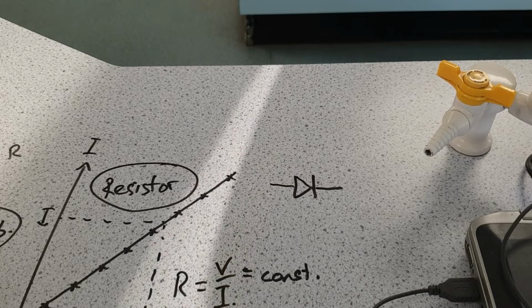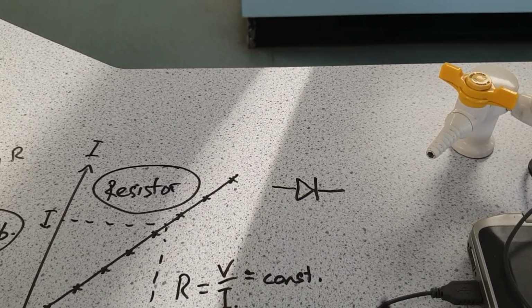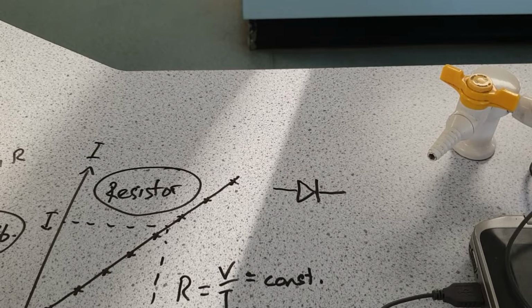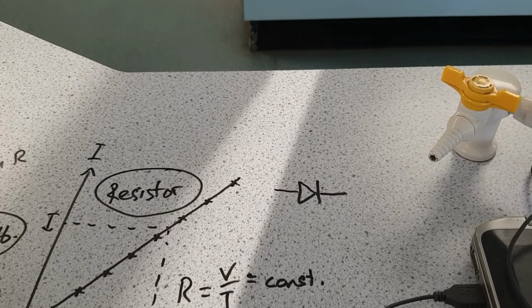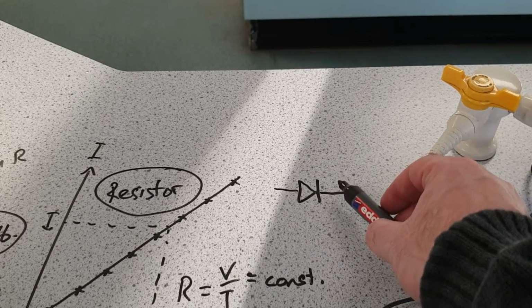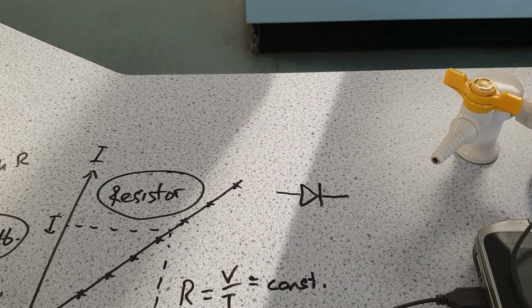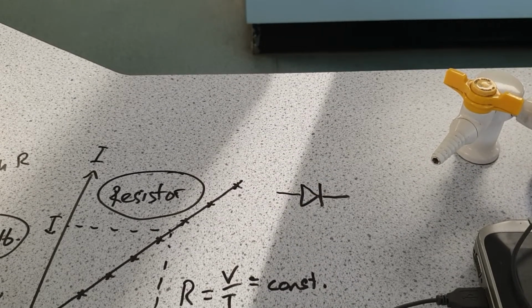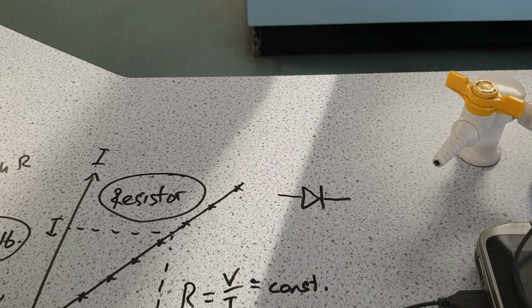Unlike a resistor and a light bulb, which don't care which direction the current flows, if you plug in a diode the wrong way, it's called the reverse bias, the resistance of the diode would be huge and no current would flow through it. However, if you plug in a diode the correct way, the forward bias direction, the current can easily pass through.